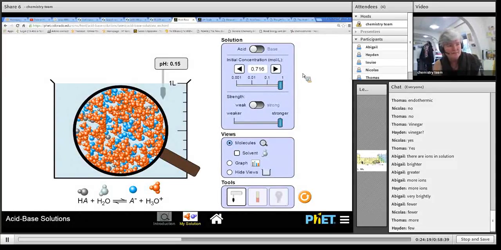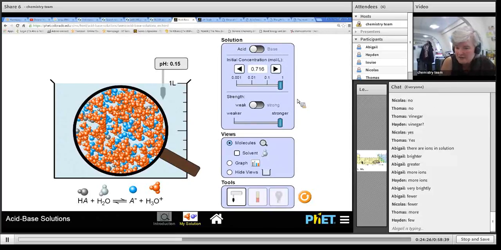hydronium ions. So the question is, if I have a strong acid, can I have a pH of 6 for a strong acid? Yes. If the solution is dilute enough, I would have decreased my hydronium ion concentration.